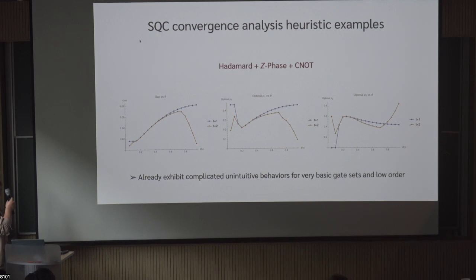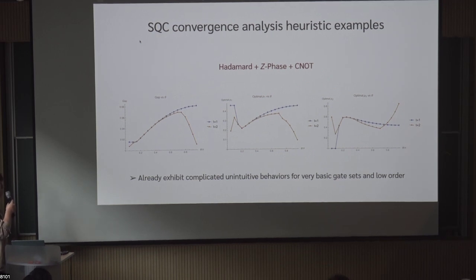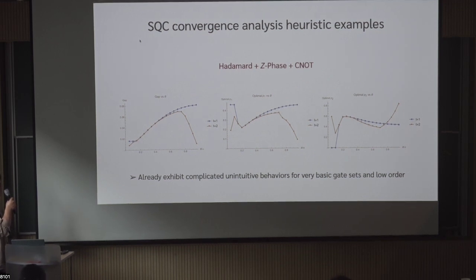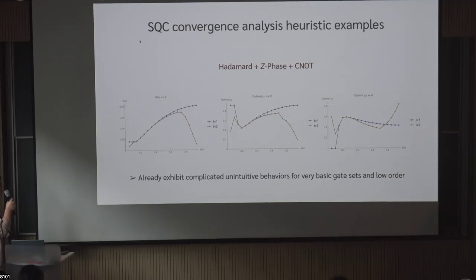We consider another entangling gate, CNOT, now for 2 qubits, and it can also already show very complicated behaviors even at t equals 2. So this is telling us that we really have to get our hands dirty to do the computation to understand the convergence behaviors. Even these very simple ensembles can show behaviors that we just cannot really expect.